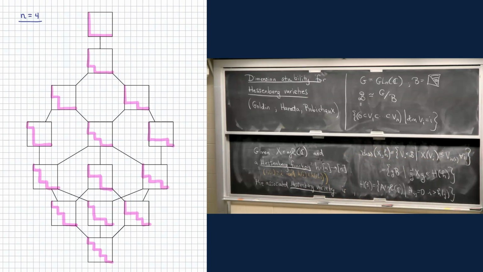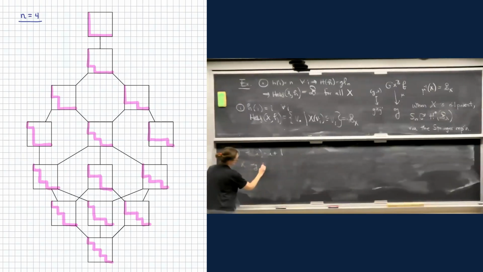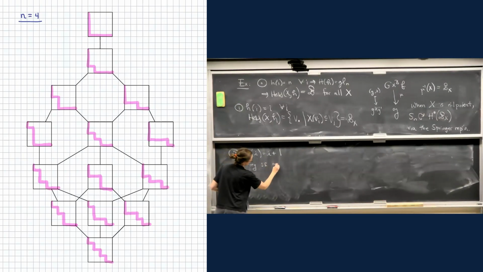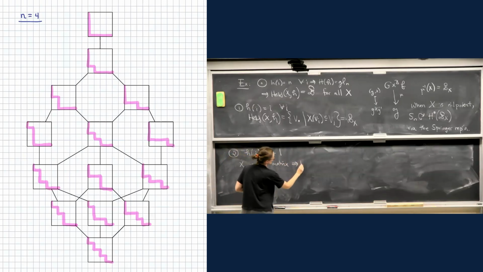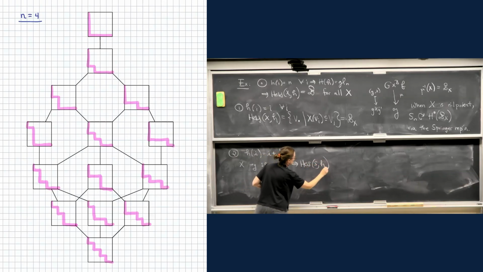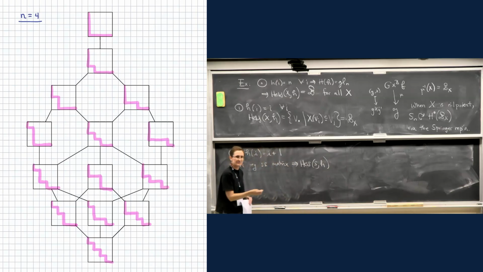But it turns out that if you take X to be a regular semi-simple matrix, then your Hessenberg variety is a permutohedral variety.